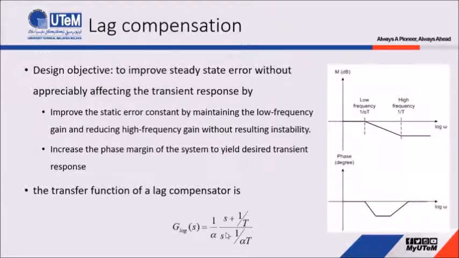Same as in the previous time domain method, we also use the same transfer function for the lag compensator, where 1 over alpha represents K, this one represents the zero, and this one represents the pole. Now, in order to design the lag compensator, we have to put one zero and one pole with a certain value of K.